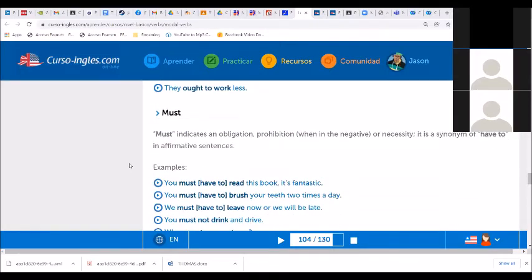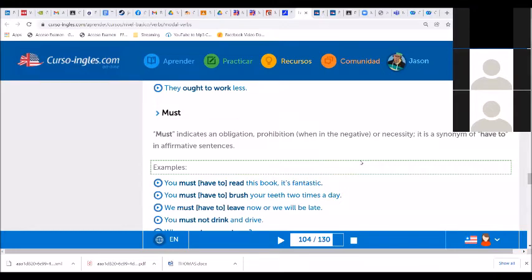The opposite is true, or the superlative, you could even say, must. This is the rule. Laura, Jimena. Must indicates an obligation, prohibition when in the negative, or necessity. In this, a synonym of have to in affirmative sentences.